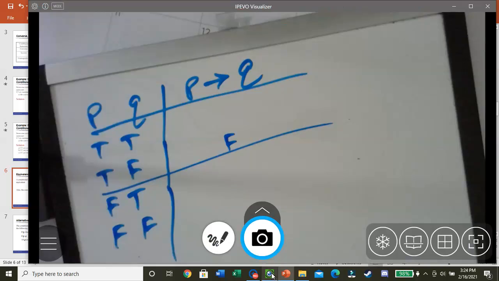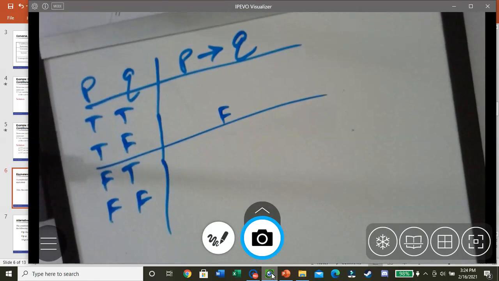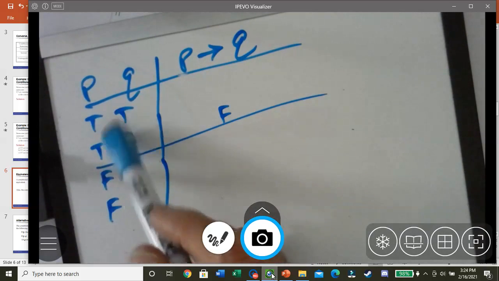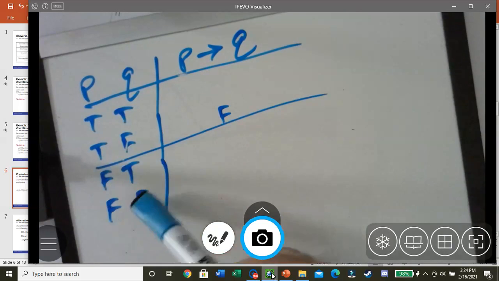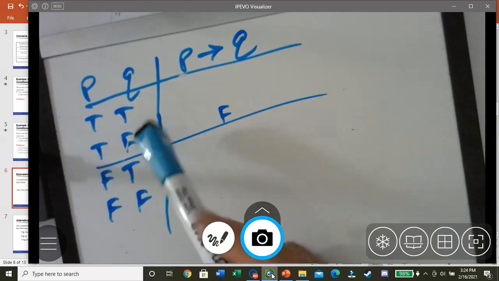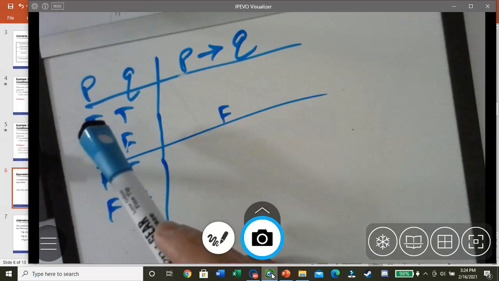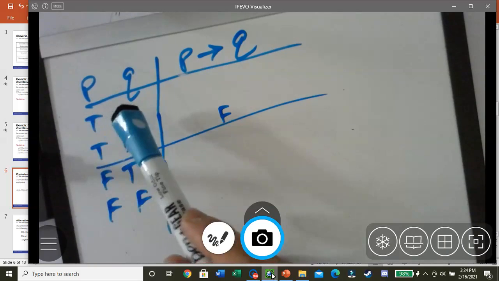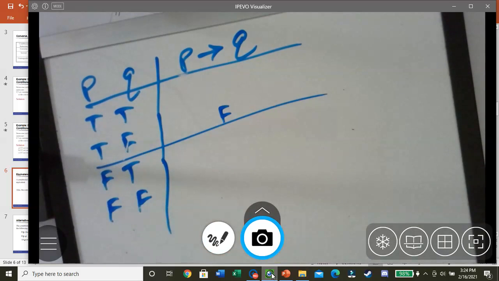So let me switch screens. Okay, so we have P, Q, if P, then Q. So we have true, true, true, false, false, true, false, false. The only one that's false is if true, then false. If your friend says he's going to go to the party and he goes, he told you the truth.